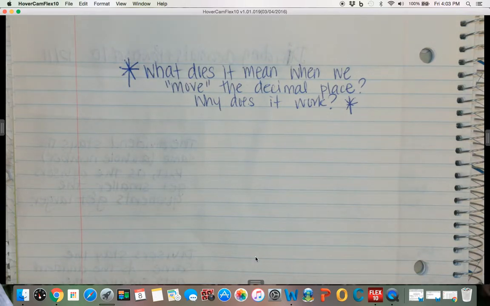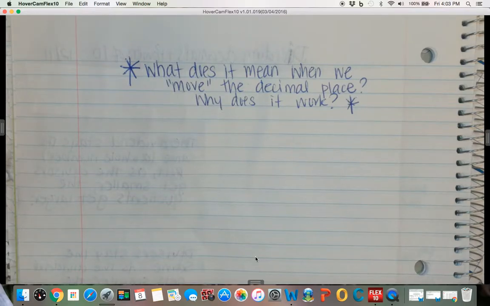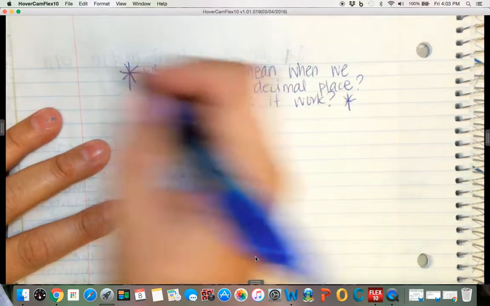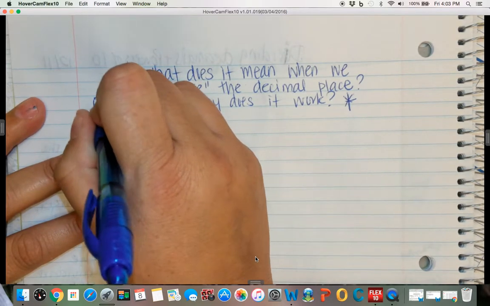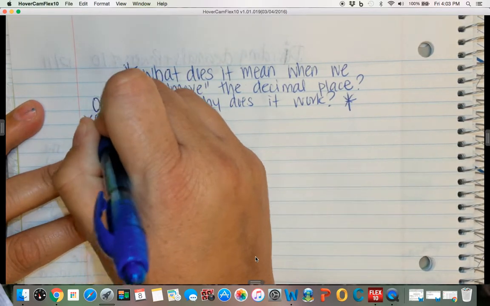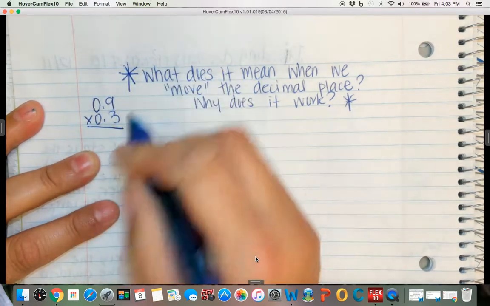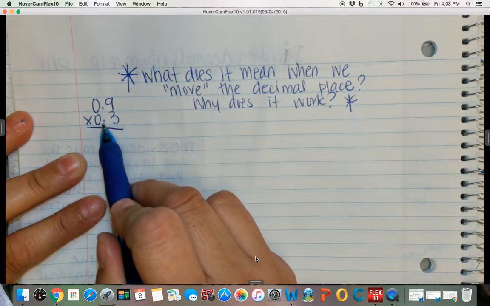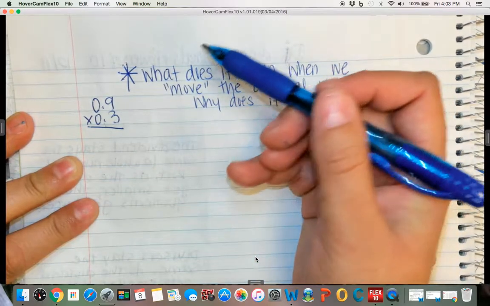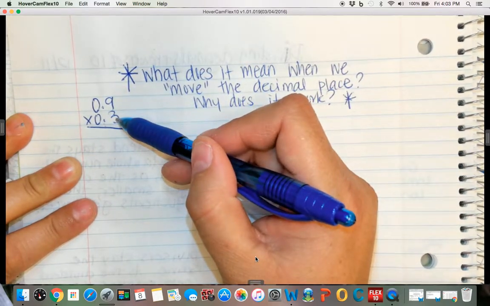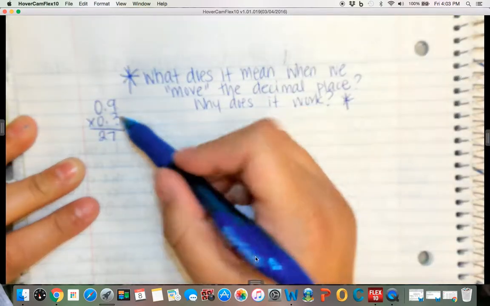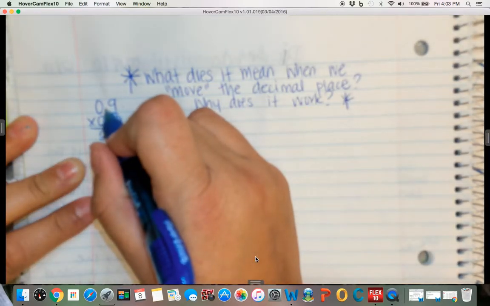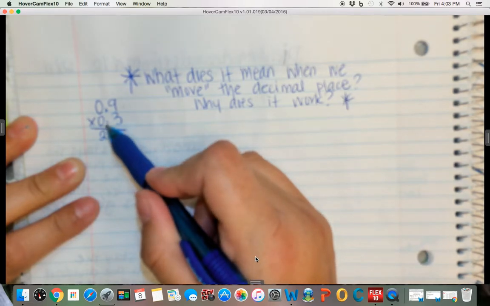And this also goes with multiplication, which we've talked about. When we have a problem like 0.9 times 0.3, we know that our answer is going to have 2 decimal places in it. So all I have to do is multiply 9 times 3, which is 27.